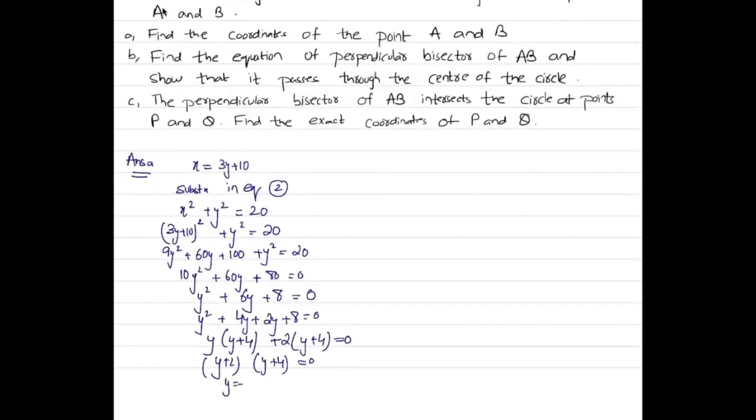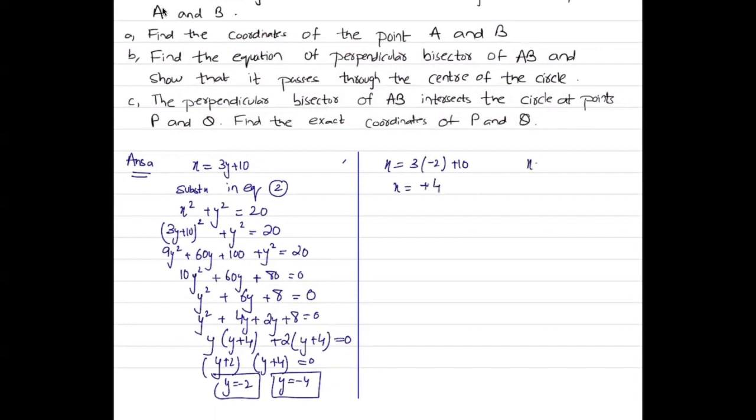So y is going to be equal to -2 and y is going to be equal to -4. When y has these values, what is the value of x going to be? x was equal to 3y plus 10. So when y is -2, x is going to be -6 plus 10, that is 4.